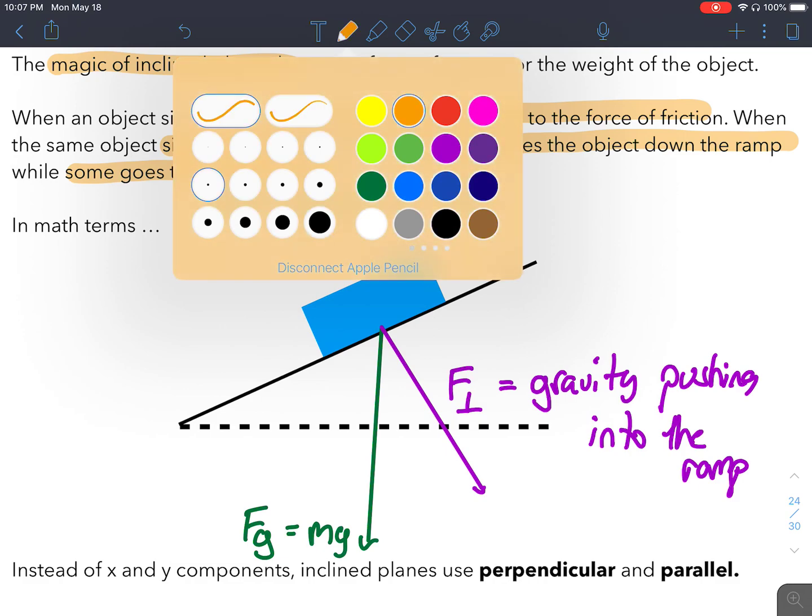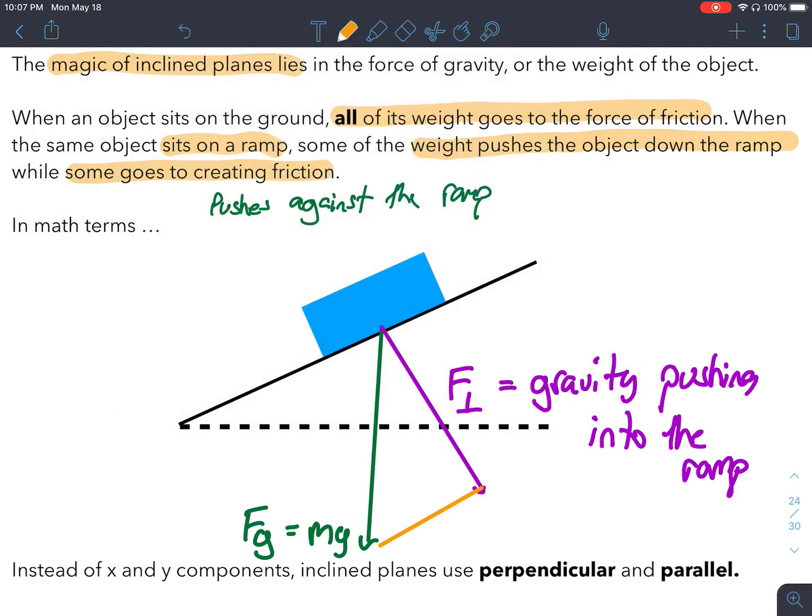Now, if we look at this orange component that goes like this, you'll notice this orange component is the component that's perfectly parallel to the surface of the ramp, which means we're going to call this F parallel. And F parallel is our gravity pushing down the ramp, okay?